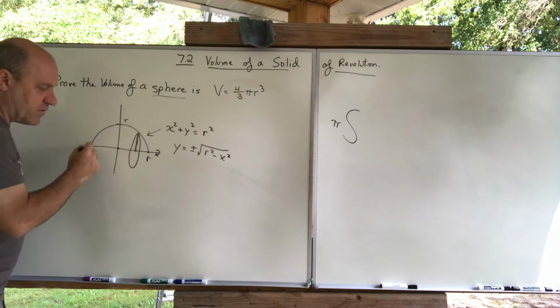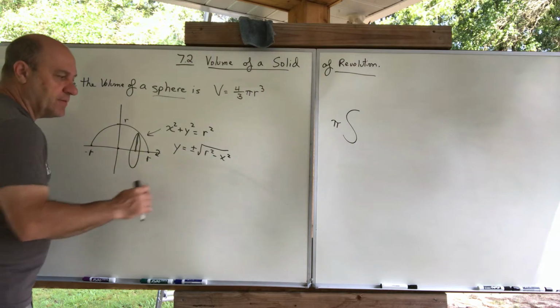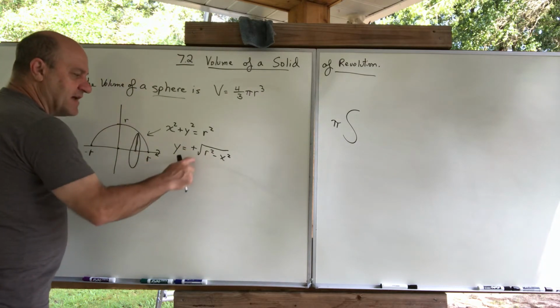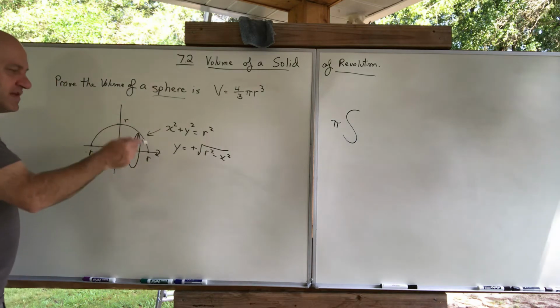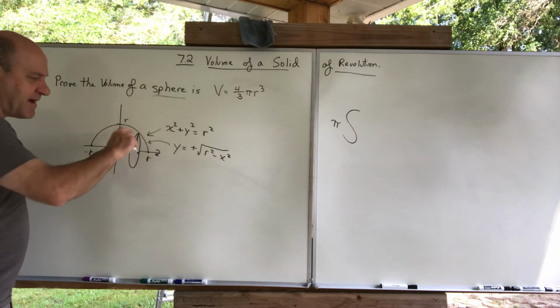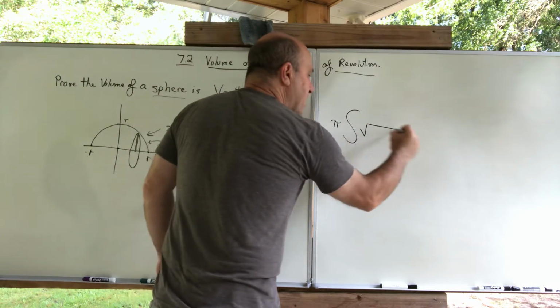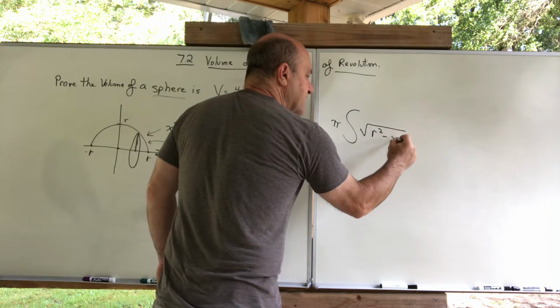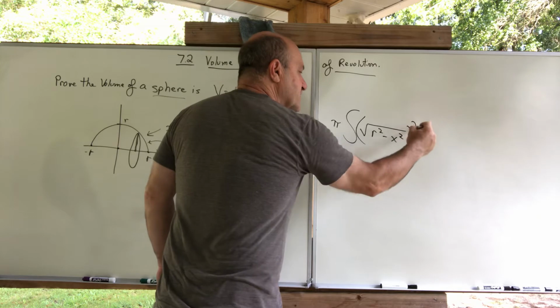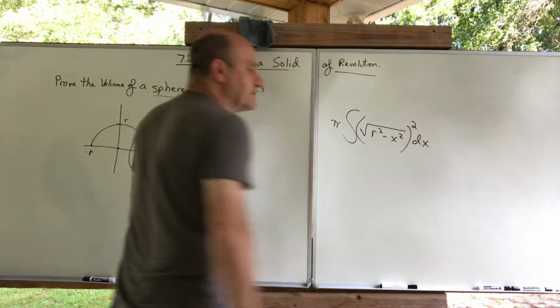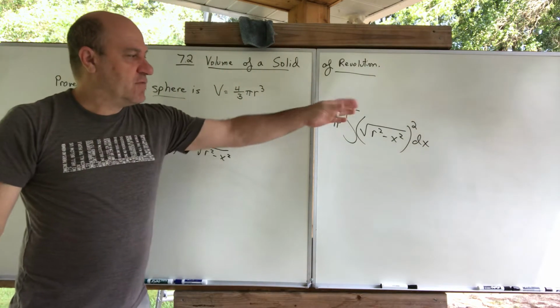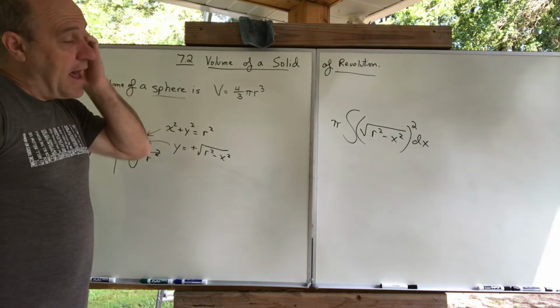The negative square root is the bottom semicircle. That's the radius of my disk. So that's the square root of r squared minus x squared, squared, with respect to x. Pi r squared with respect to x.